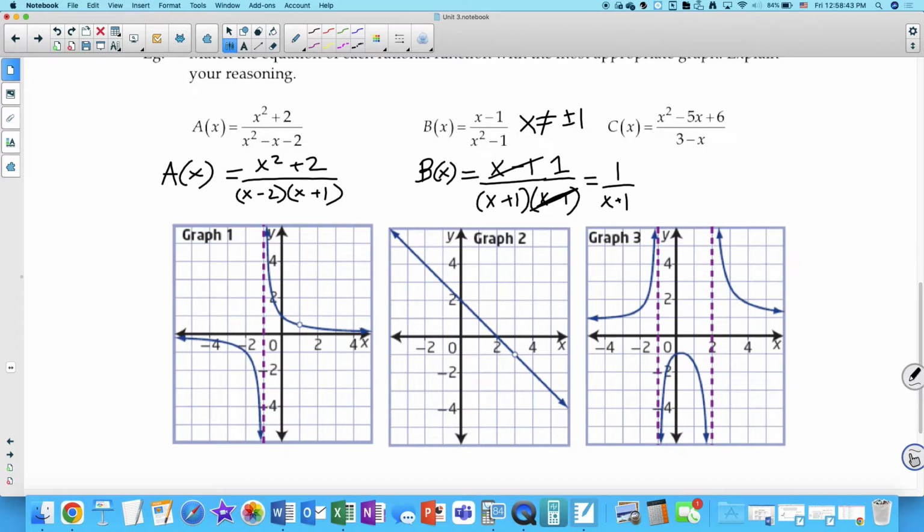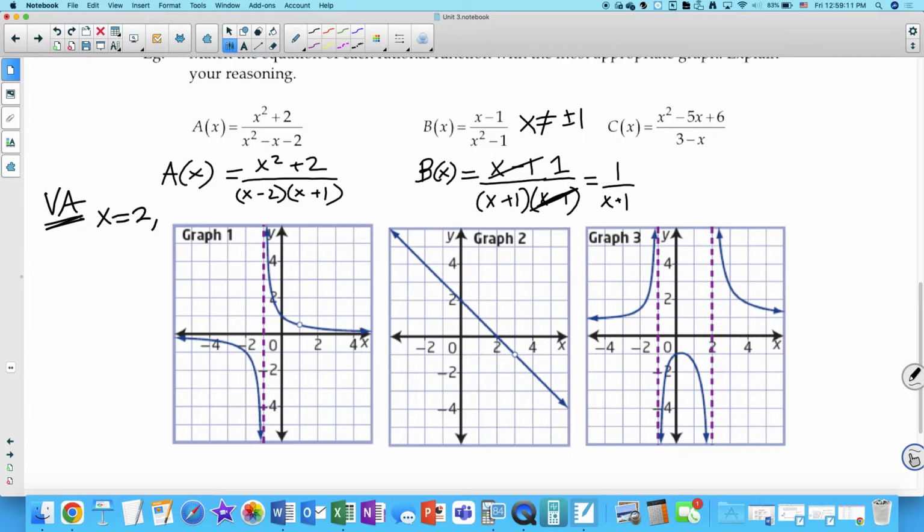Okay, so when I'm looking at this, before I even look at the graph, what I can see there is that I'm going to have two vertical asymptotes. One when x equals 2, and one when x equals negative 1, because nothing cancels here. So I'm going to have a vertical asymptote for A at x equals 2 and negative 1.